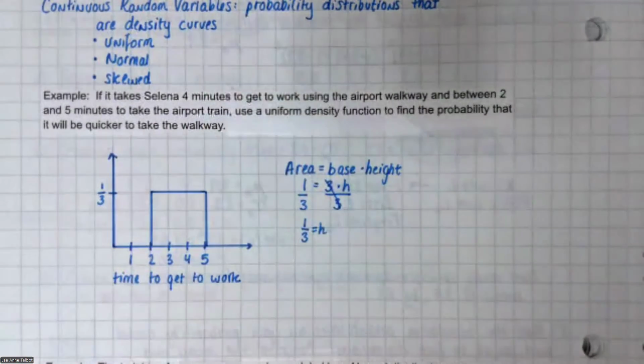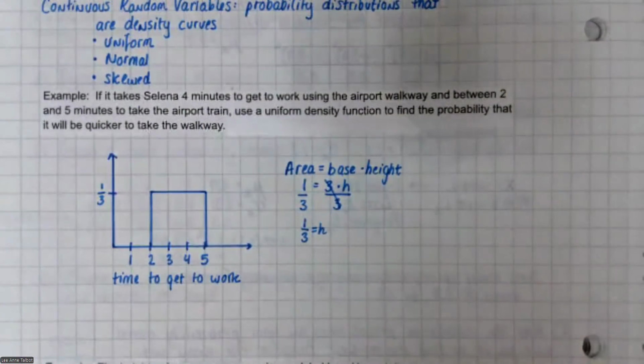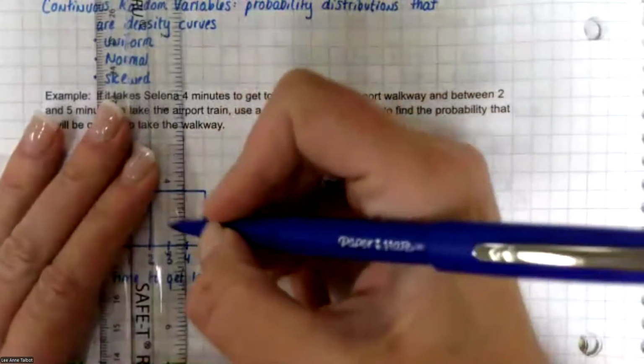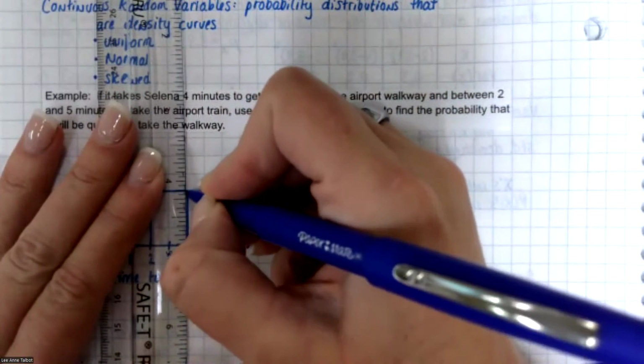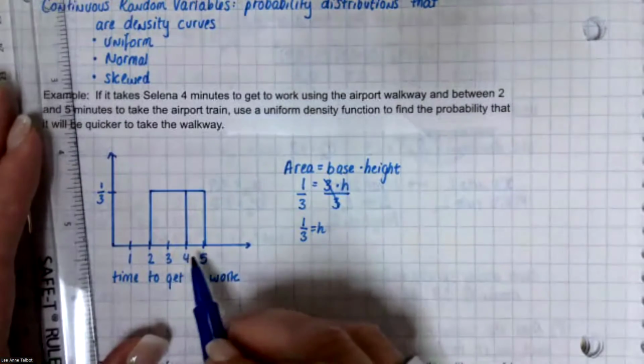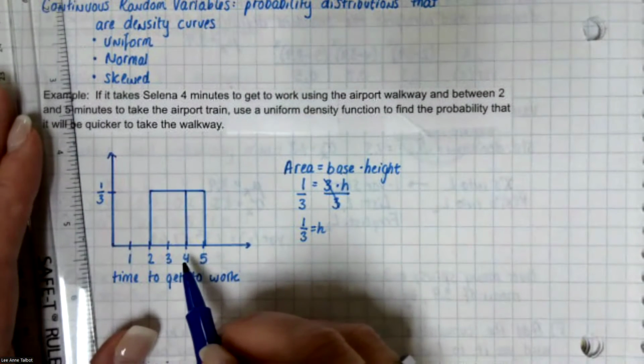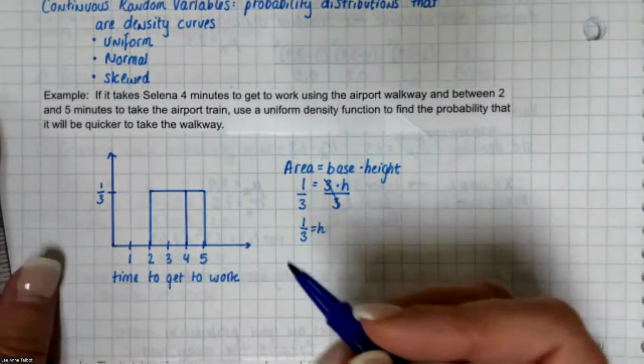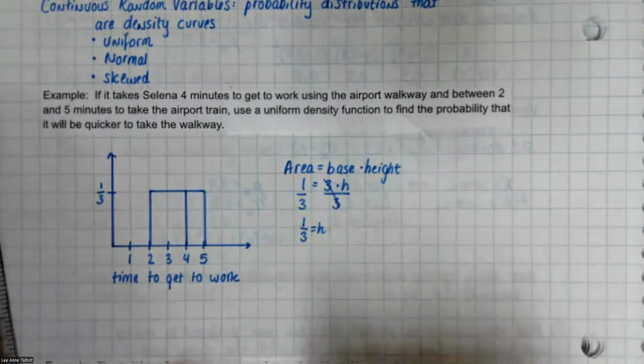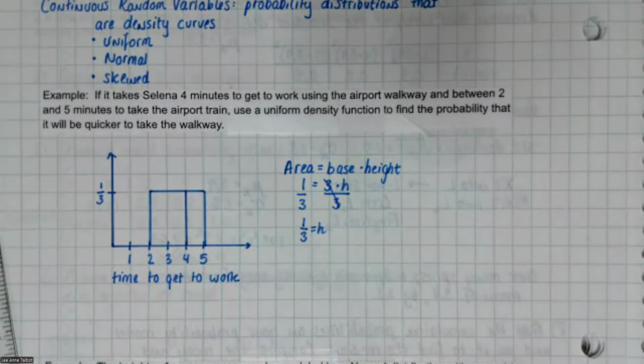So the only place where she should use the walkway is if it's going to take her between 4 and 5 minutes. Anything greater than 4 minutes, she should take the walkway. It's like those signs when you're driving on the highway that say it takes 20 minutes to get to SFO, so you're like, should I do this or this?